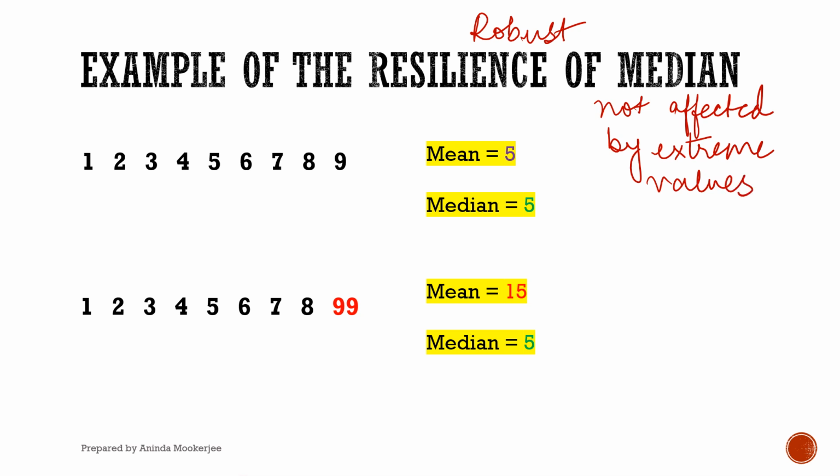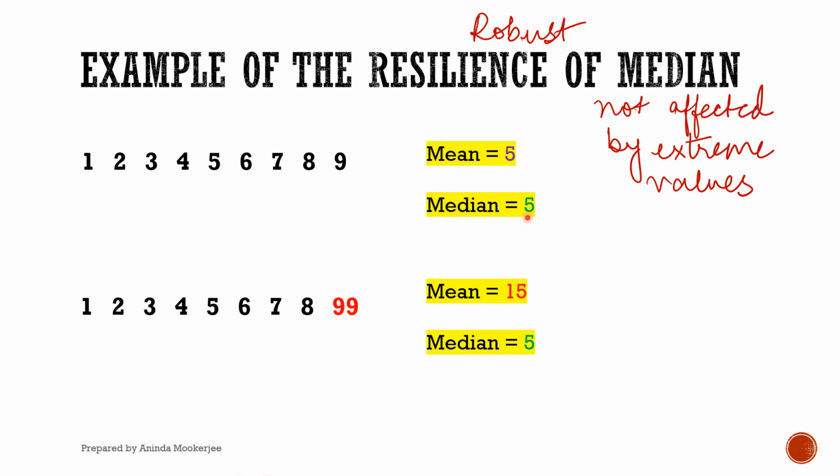We have a set of numbers here: 1 2 3 4 5 6 7 8 9. We have 9 values here. If we find the mean of these values, we get a value of 5. So the mean of these 9 numbers is 5.